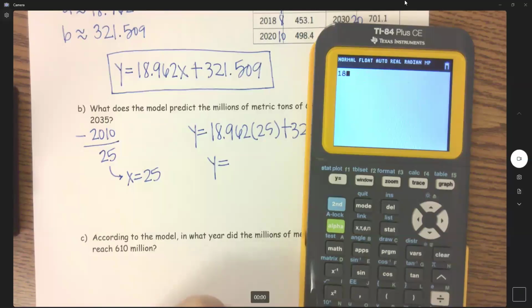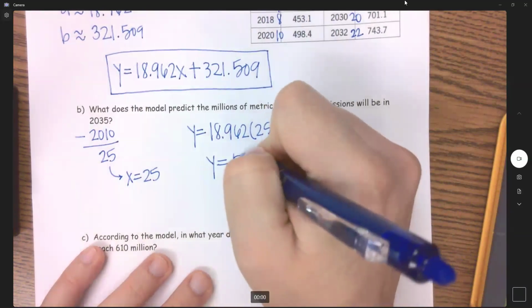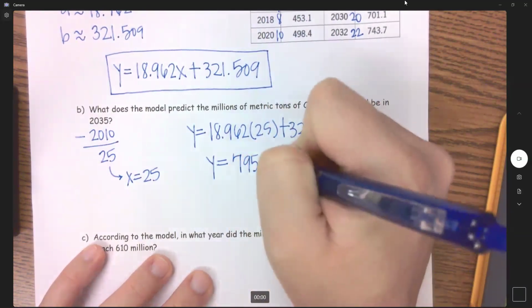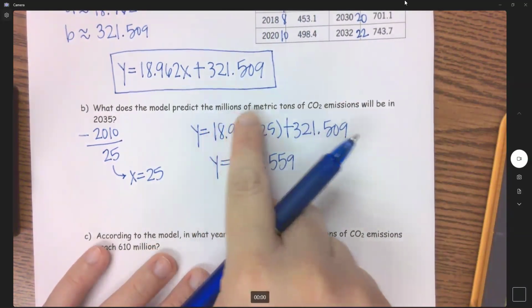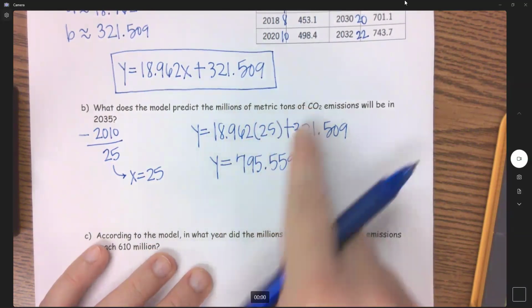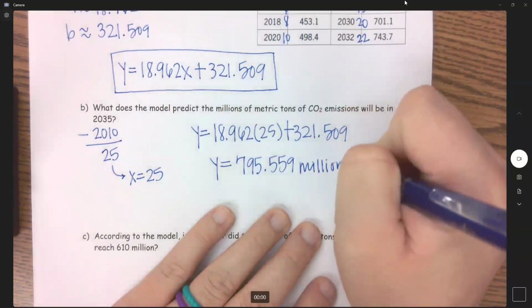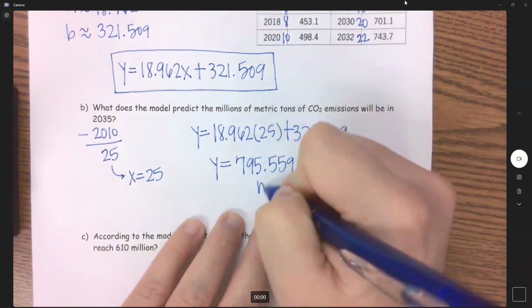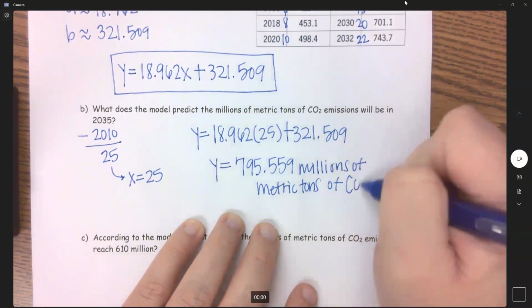There we go. It doesn't tell me how to round, so I'm just going to write all of those decimals in there. We're going to get 795.559. And it wants us to predict the millions of metric tons of CO2. So that's what this is representing right here. Millions of metric tons of CO2.